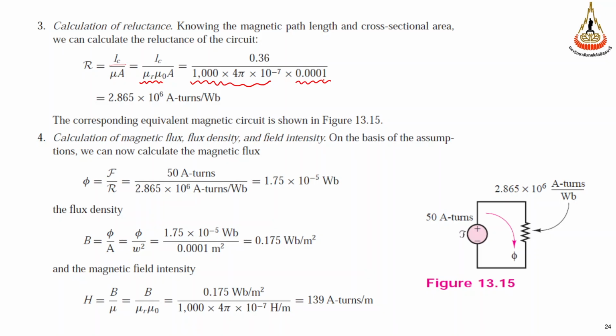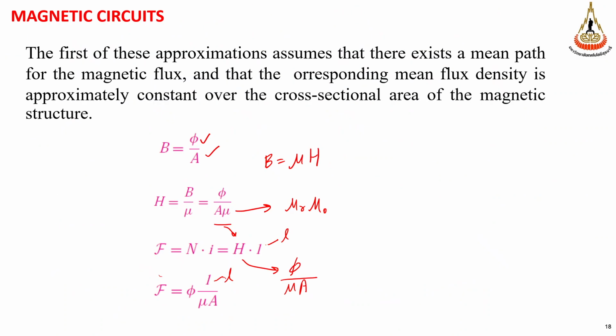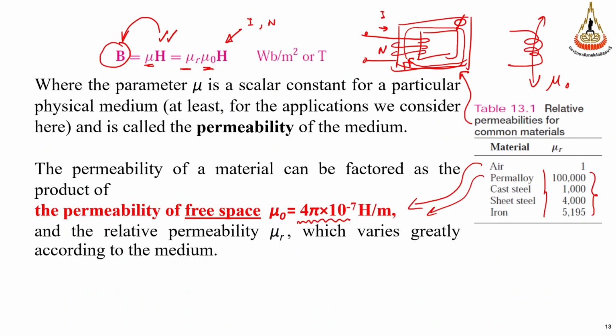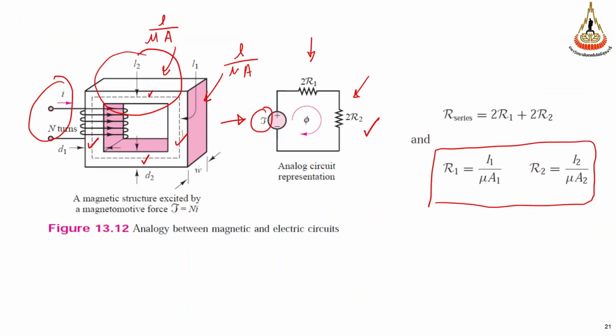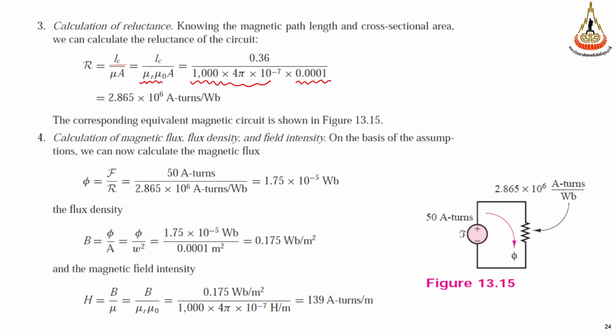Mu 0 is mu of free space, this value. So we have a reluctance of 2.865 multiplied by 10 to the power 6 here.